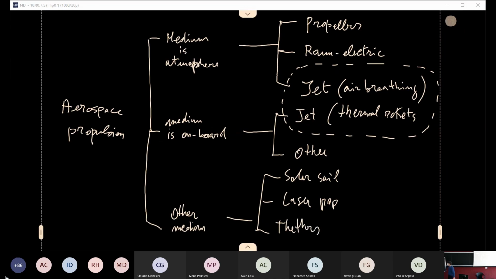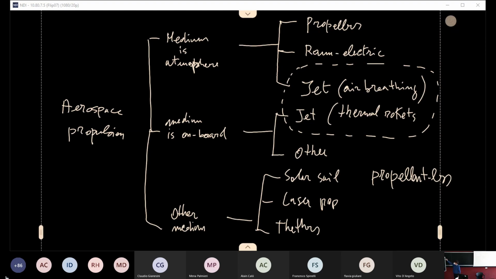So here we use other media, but you see, of course, except not on the top, all the others can be used in space. Laser propulsion, yes. So notice that this kind of devices can also be considered as propellantless propulsion.